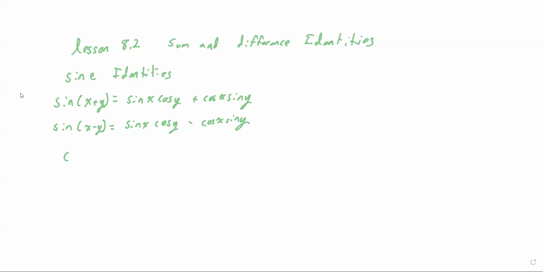Cosine identities. Cosine of X plus Y is equal to cosine X cosine Y minus sine X sine Y. And then your cosine of X minus Y, just like in the sine version, we just change the sign in the middle.